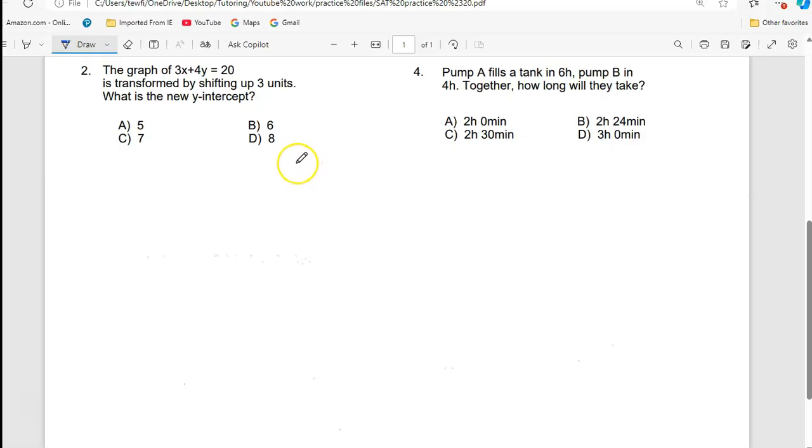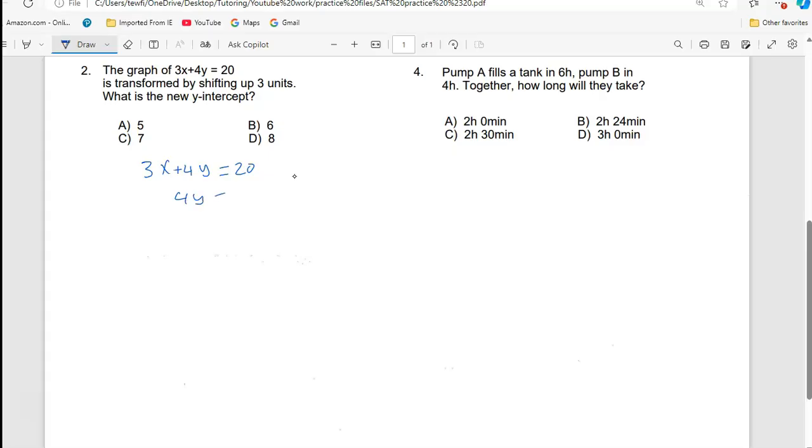Okay, so let's find the y-intercept of this equation, which is a linear equation, before we move it up. So how do I find the y-intercept? I can solve it for y. If I have 3x plus 4y equal to 20, let's move the 3x to the other side.